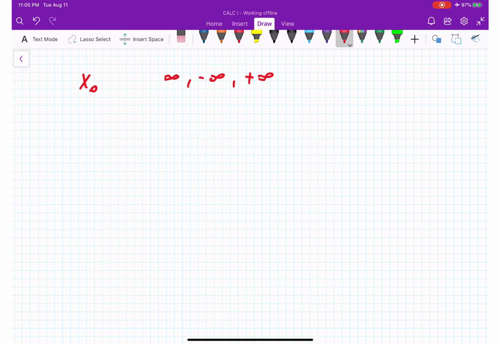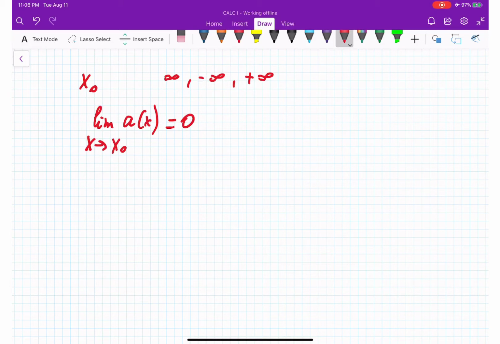So I can write it in mathematical form: the limit of function a of x is equal to 0 when x is approaching x0, an endpoint, or a point at infinity. This is the definition of an infinitely small function.